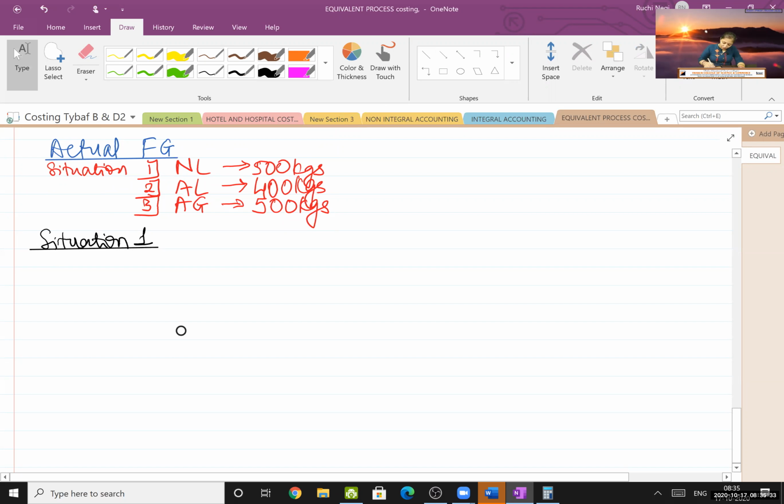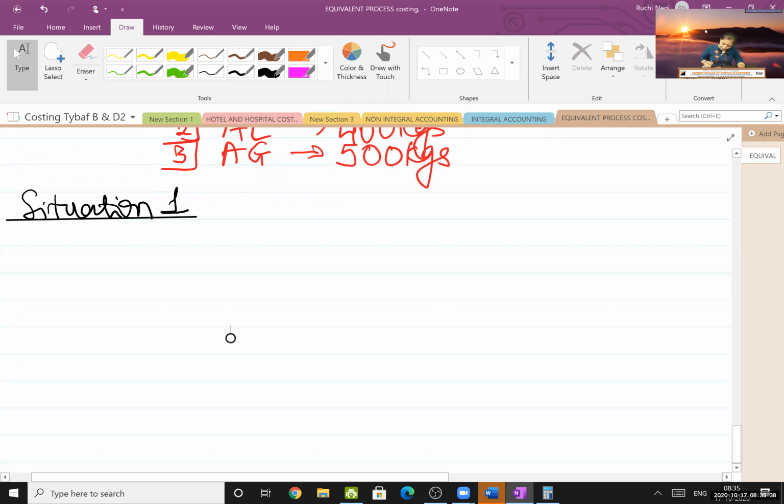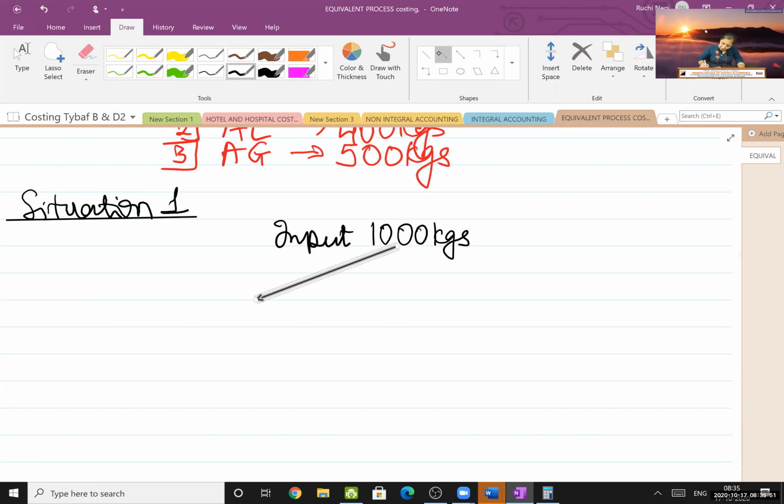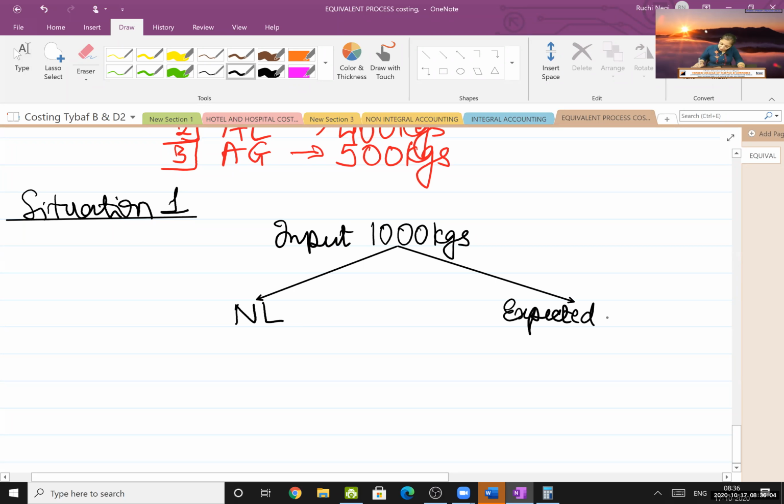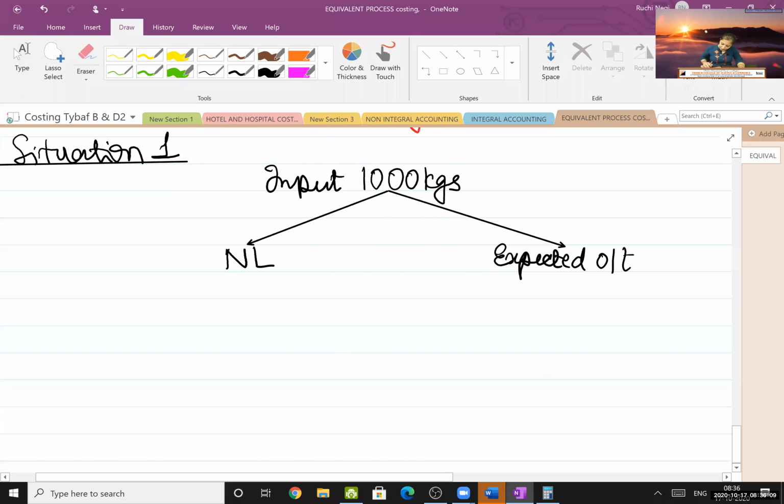So now what will be my probable solution? Input 1000 kgs. Bifurcate this as normal loss and expected output, that is expected finished goods.